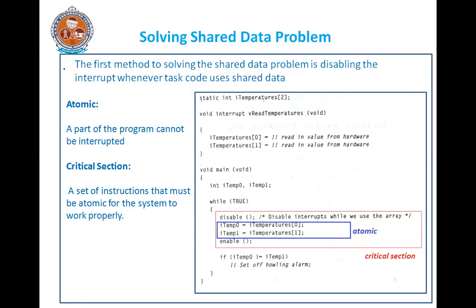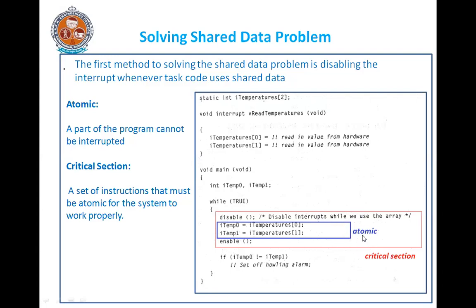Another way is to solve the shared data problem using the critical section. A set of instructions that must be atomic for the system to work properly is often called the critical section. For example, here the set of all these four instructions is a group of instructions.